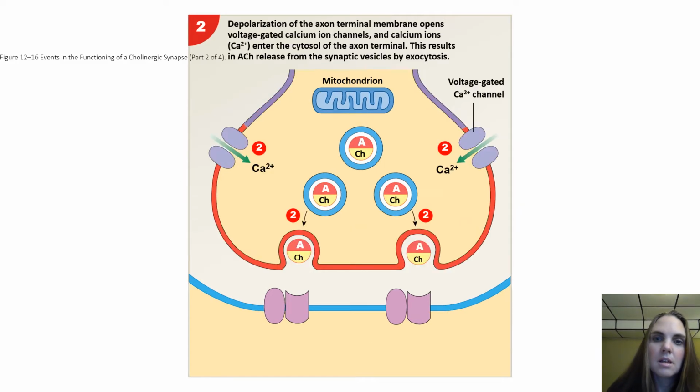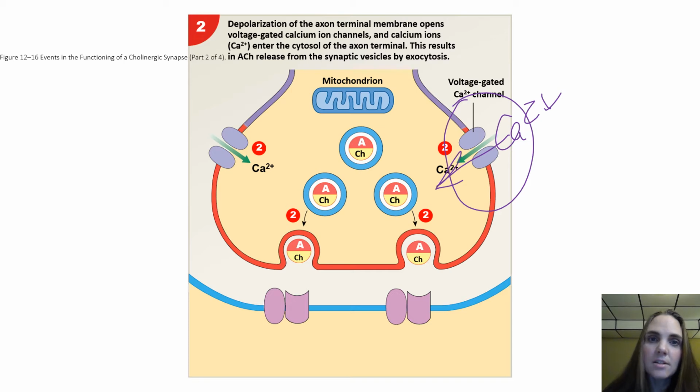Next step is these voltage-gated calcium channels are going to open in response to that action potential, that depolarization, reaching them because they're voltage-gated calcium channels. Then that extracellular calcium is going to flow into the cell, and then the vesicles of acetylcholine that have been waiting in the axon terminal are going to fuse with the membrane and cause exocytosis of our acetylcholine into the synaptic cleft.